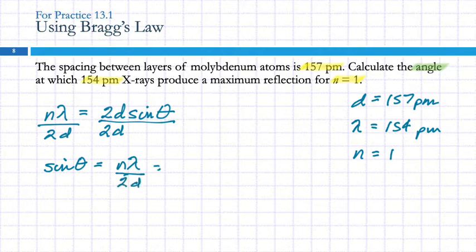So let's plug the numbers in there. So n is 1, lambda is 154 pm, and we're dividing by 2 times 157 pm.